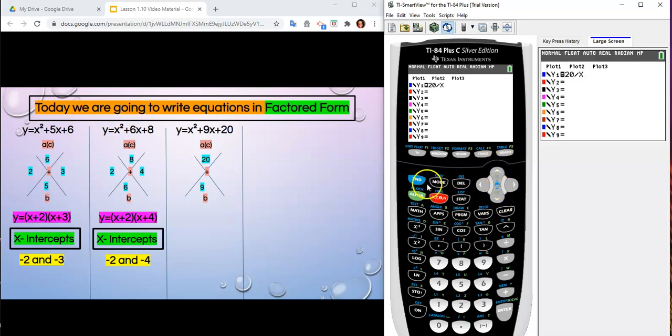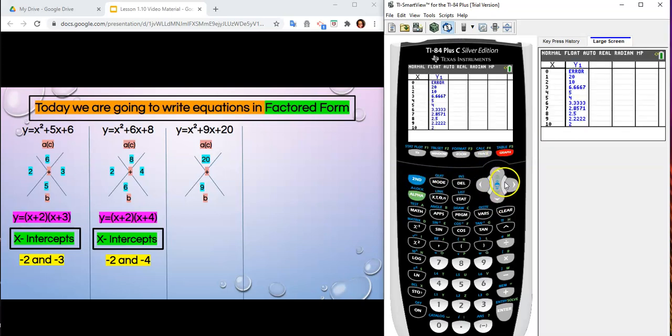Actually, let's look at the table first. All these factors here are factors of 20. But my red column is missing, and that red column basically did all the work for me. So how do I get that red column back?